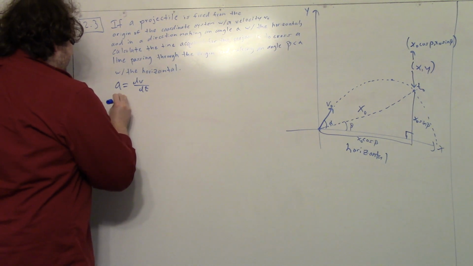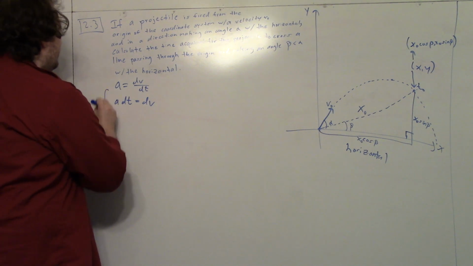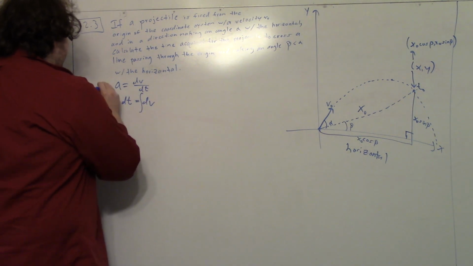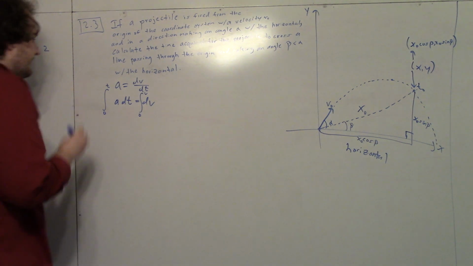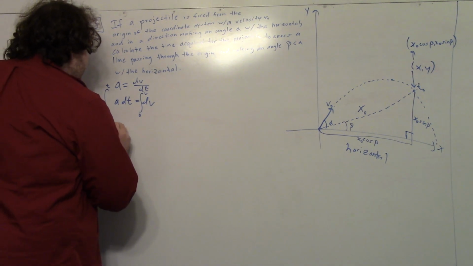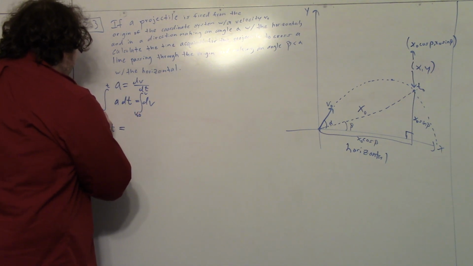So A dt is equal to dV. We integrate both sides, from 0 to t, 0 to v. So A t is equal to, let's say, v naught.